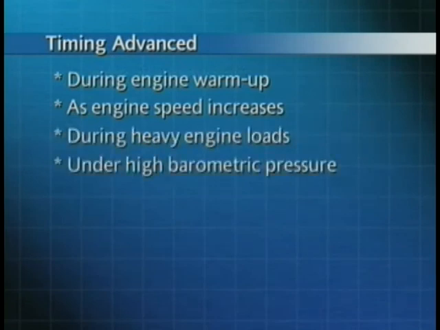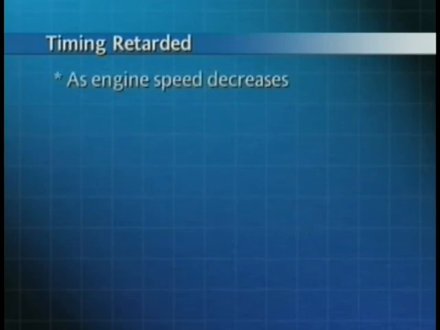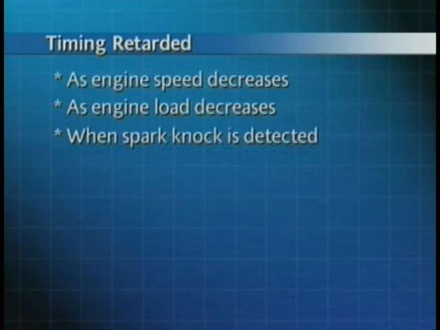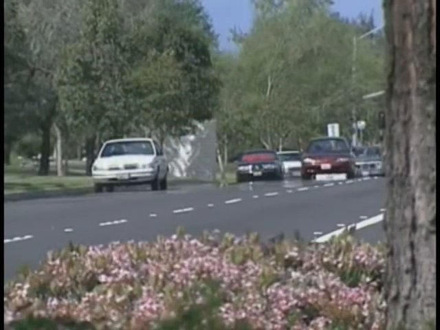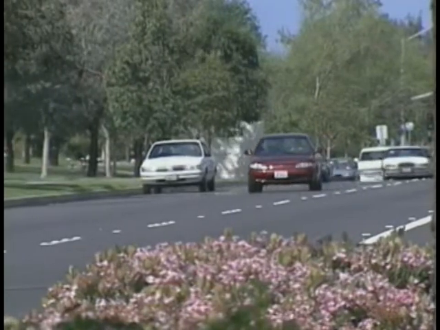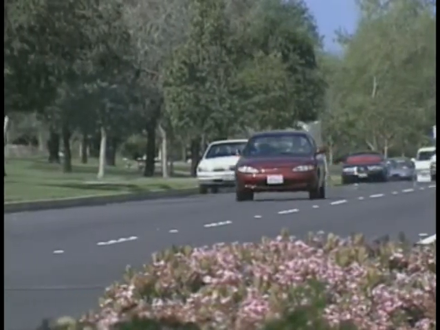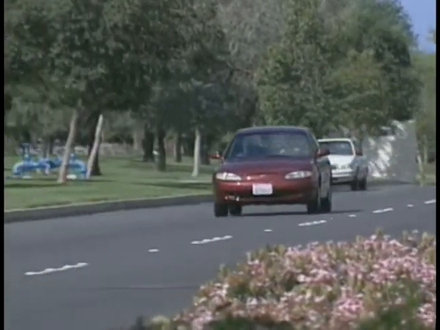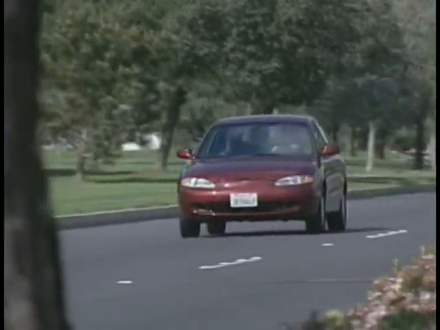If at any point during normal timing advance detonation is detected, the timing advance is reduced or timing is retarded. Timing is retarded as engine speed decreases, as engine load decreases, and when spark knock is detected. By continually adjusting spark timing, the computer-controlled ignition systems can provide for maximum engine power, fuel efficiency, and reduced emissions levels under all operating conditions.